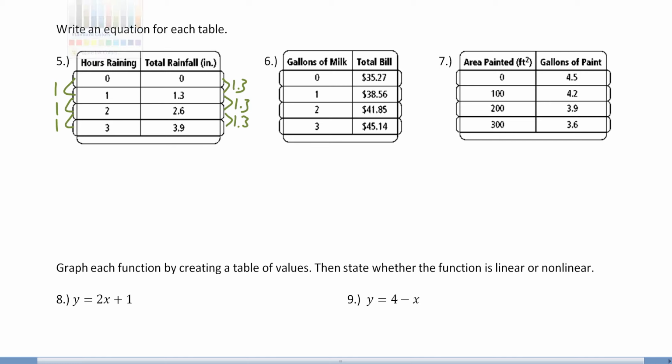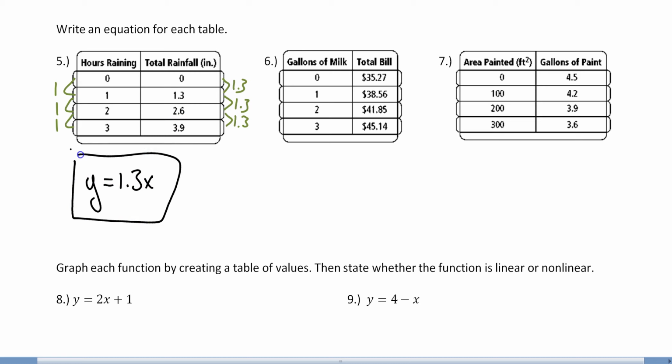And so once again, when I write the equation of a linear function, it's y equals, this one's going to be 1.3x. Again, it's the thing that I'm adding to y for each x, and then plus the thing that's paired up with 0, which is a 0 in this one, so it's just y equals 1.3x. Okay?